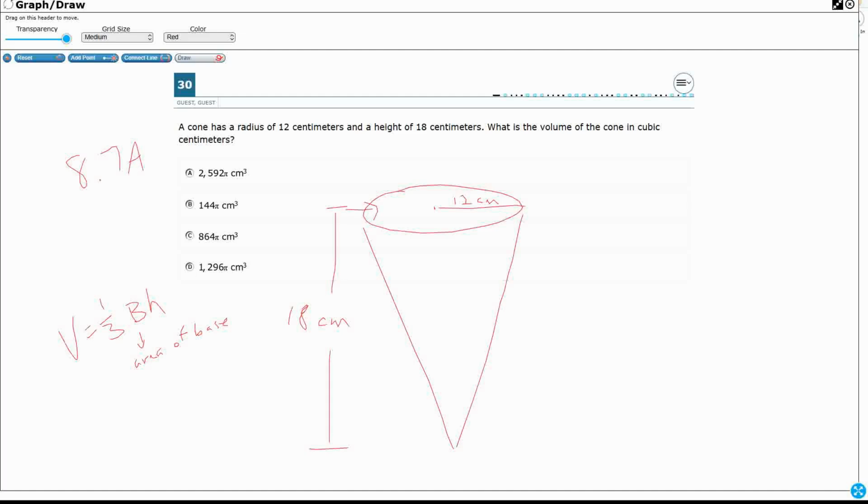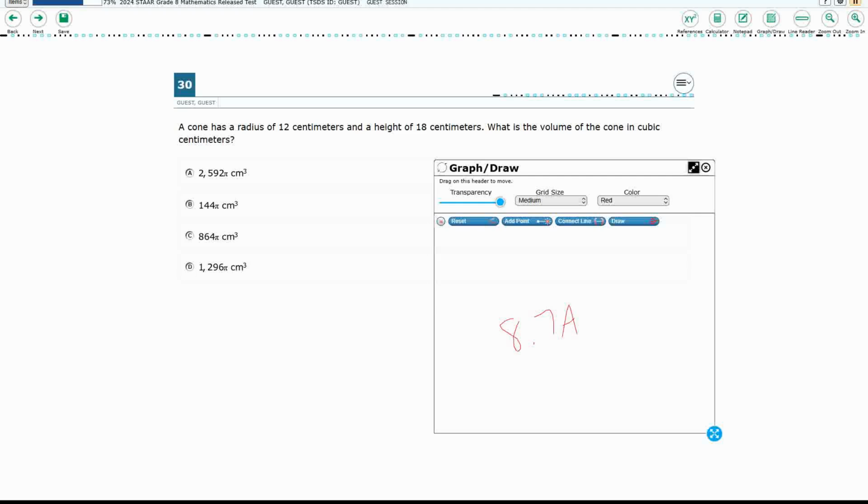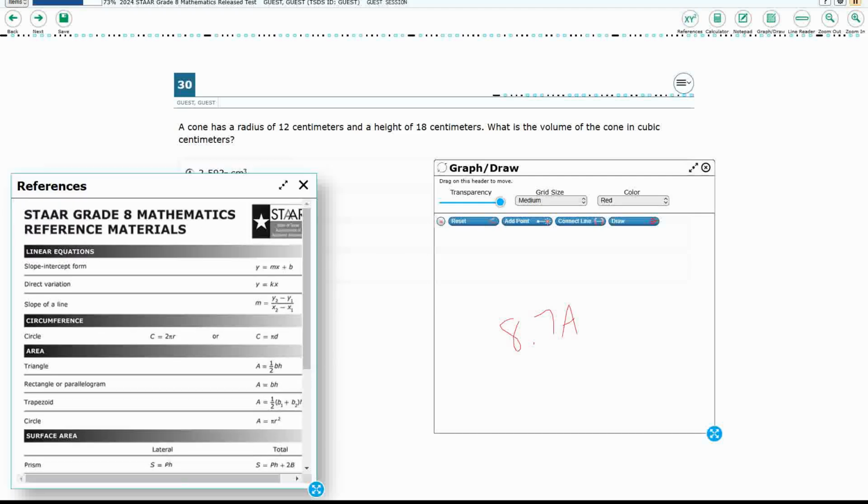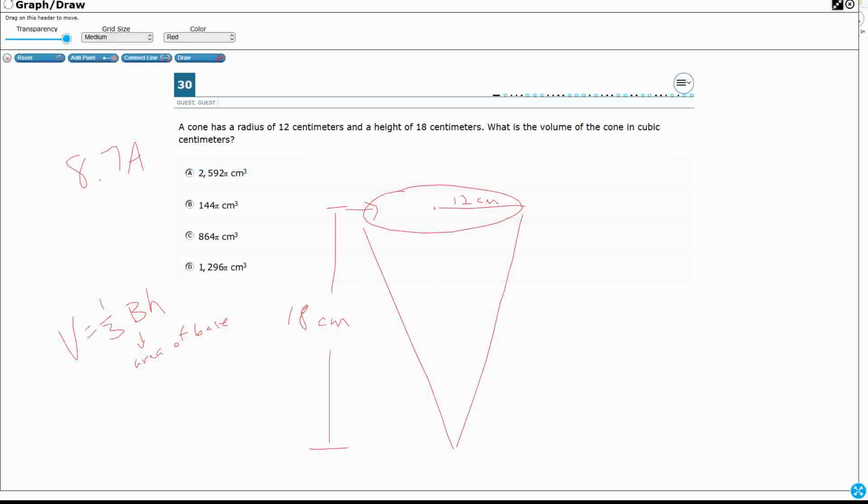So the area of this, the cone happens to have the base of a circle. So I need the area of a circle formula. And if you forget that, it's right here. That's A equals pi r squared. So I'm going to substitute in this B for pi r squared. And I'm going to bring everything else back down. V equals 1/3, that base is pi r squared, and then I still need the height.